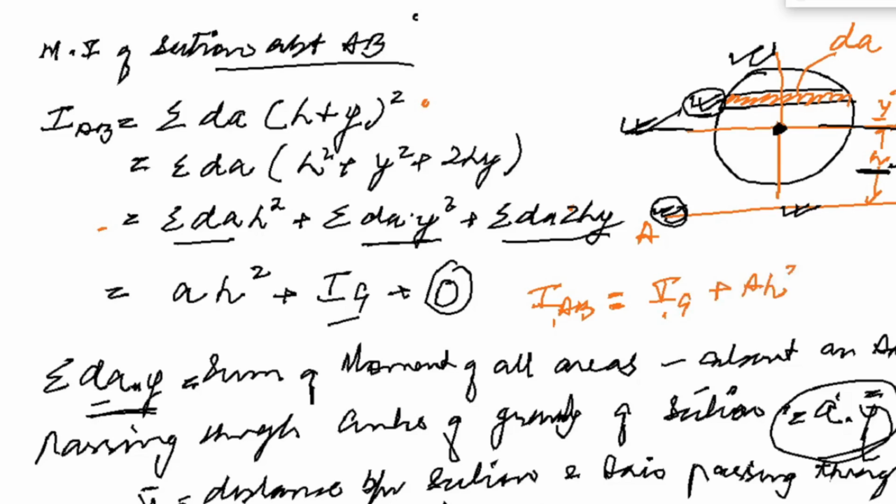This is your parallel axis theorem, wherein you can also state this theorem as: the moment of inertia for any axis, let's say here our axis is AB, of any area about the axis is basically equal to the moment of inertia about a parallel axis passing through the area's centroid, which is Ig, plus the product of area and the square of the perpendicular distance between the axes. Okay, I'll write it down also.